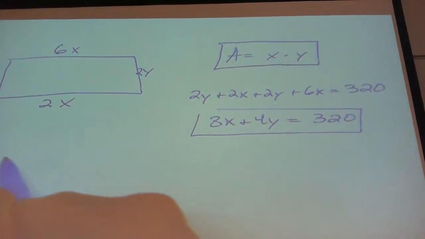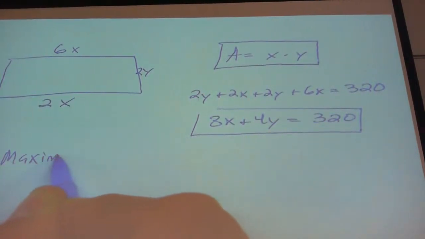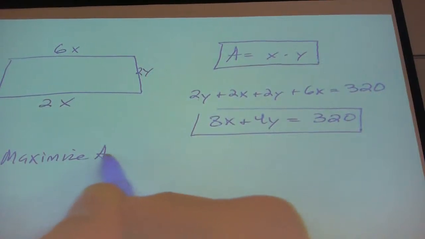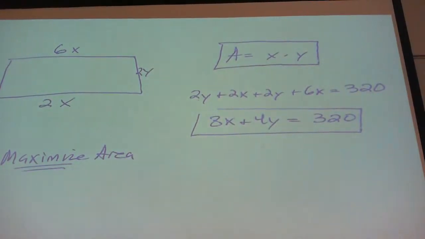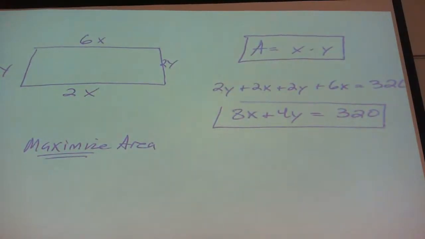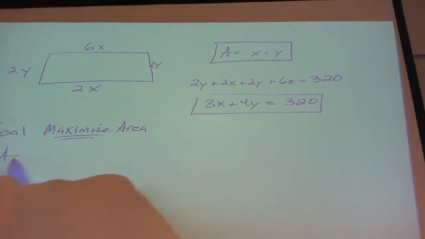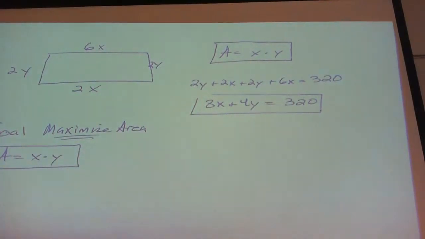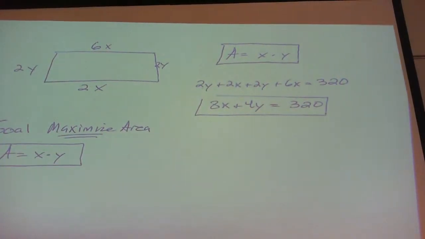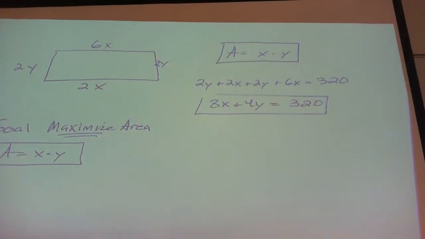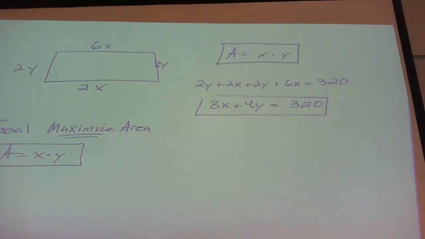The goal is to maximize area. Maximize is your clue that we're going to do extrema. And the one we're going to do the extrema on is area. We okay? Stop there. There's your setup. Any questions?